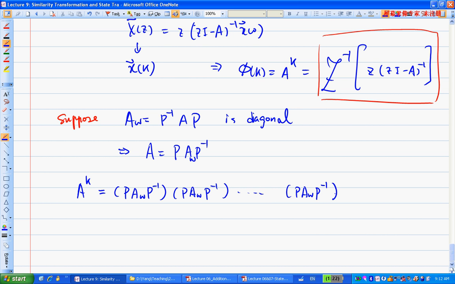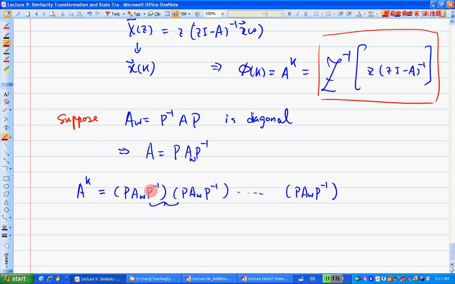K times, right? But if you look carefully here, when you do the multiplication, what's the P inverse P? It's 1, right? It's identity matrix. So the other one, P inverse P, is also identity matrix.